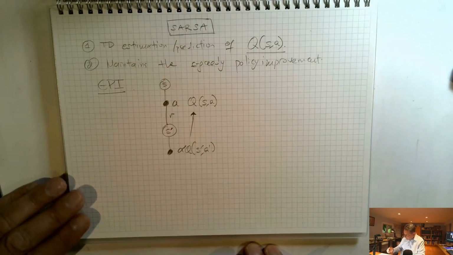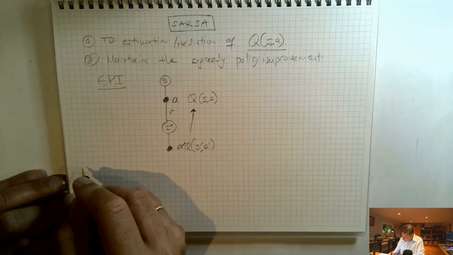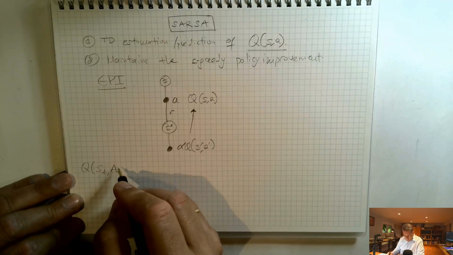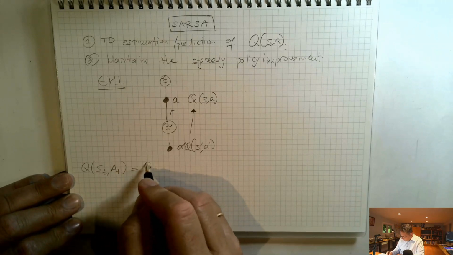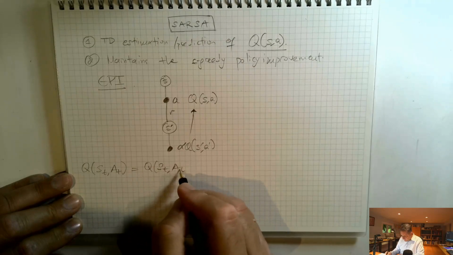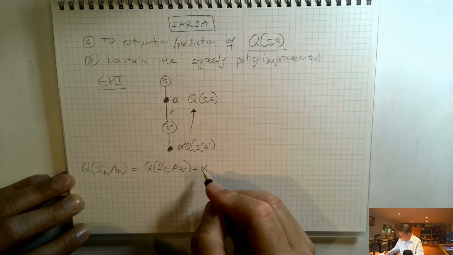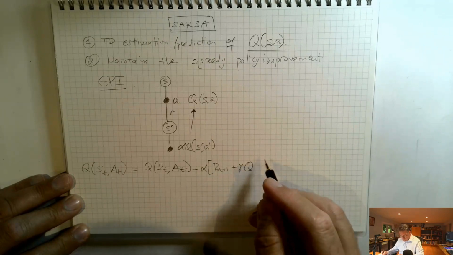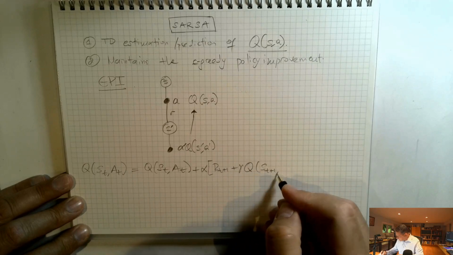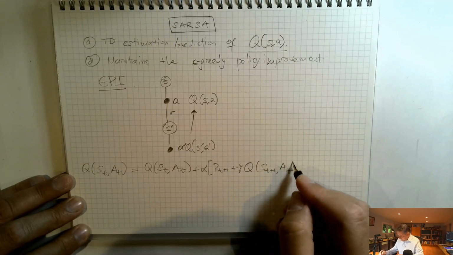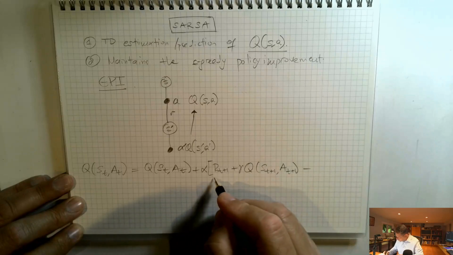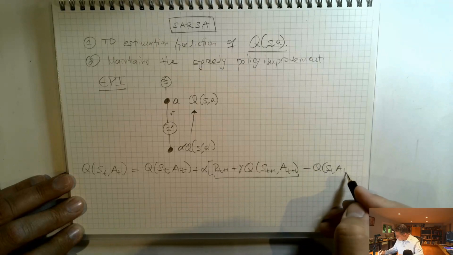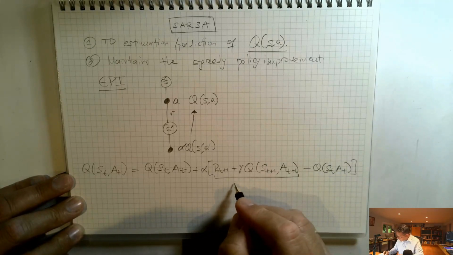That formula is as follows: Q of S_t, A_t is equal to Q of S_t, A_t plus alpha times R_{t+1} plus gamma Q of S_{t+1}, A_{t+1} minus Q of S_t, A_t.